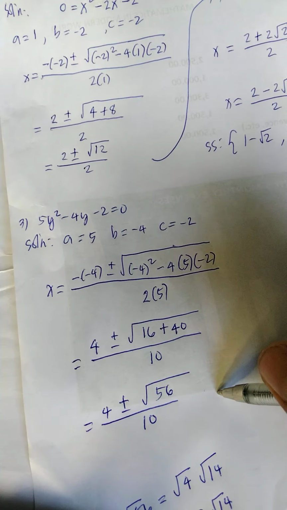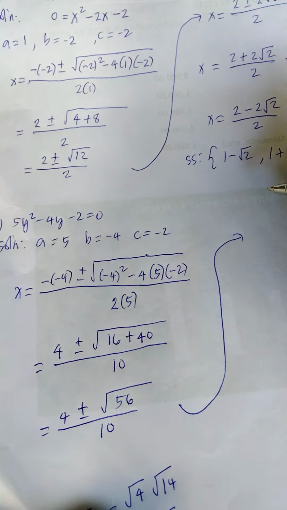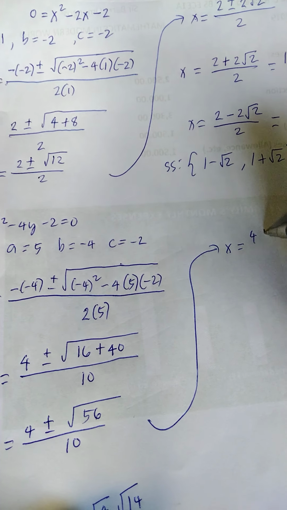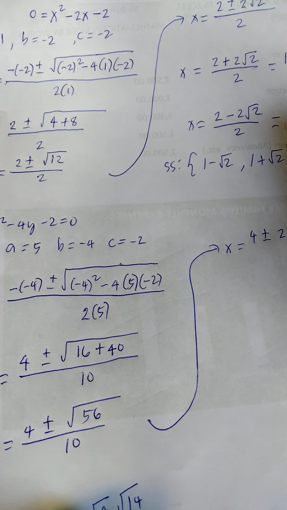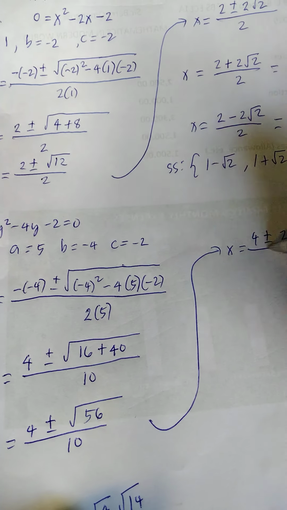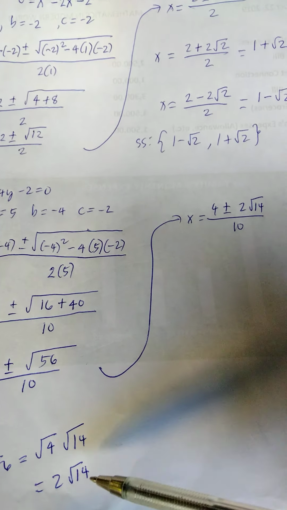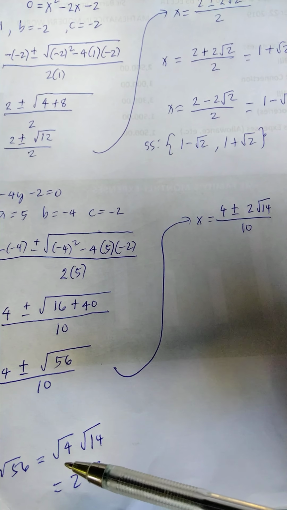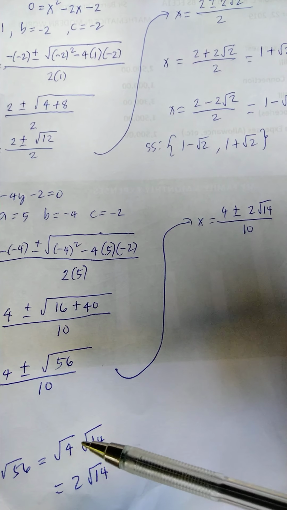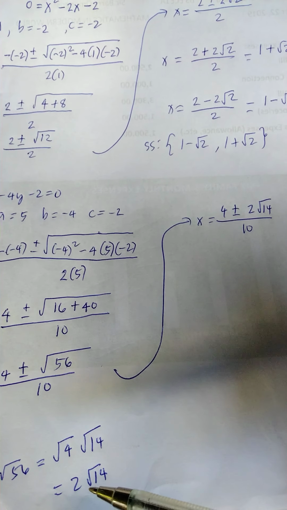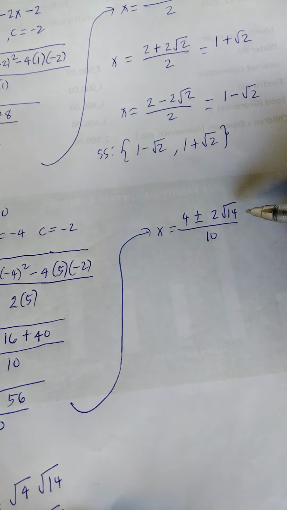So, you have now, padayon, x is equal to 4 plus minus 2 square root of 14 whole over 10. No, ato na rin siyang simplify 2 square root of 14 because square root of 56 is equivalent to square root of 4 times square root of 14. So that is square root of 4 is 2. So that is 2 square root of 14. So muna na siya itong gisulat.